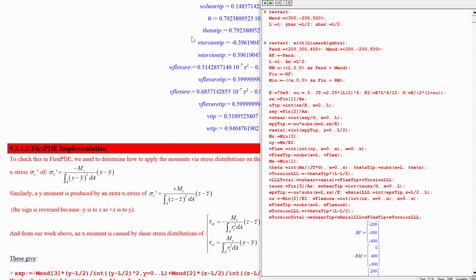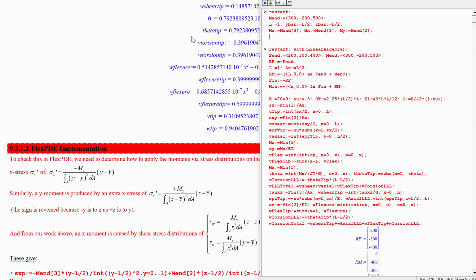What do we need? We're going to need MZ is equal to M end 3, MX is equal to M end 1, and MY is equal to M end 2. Did that in sort of a strange order, but that's all right. RC in this thing here was equal to the square root of the average of the distance from the centroid.